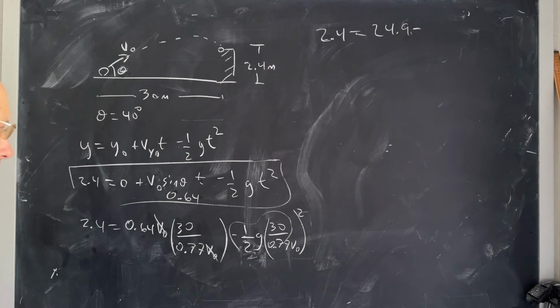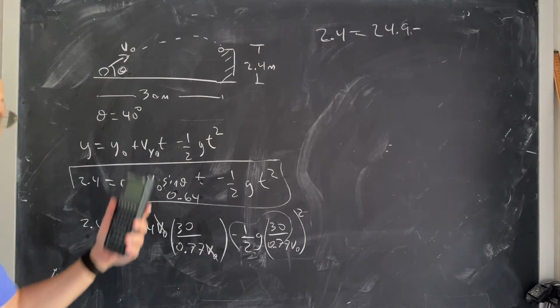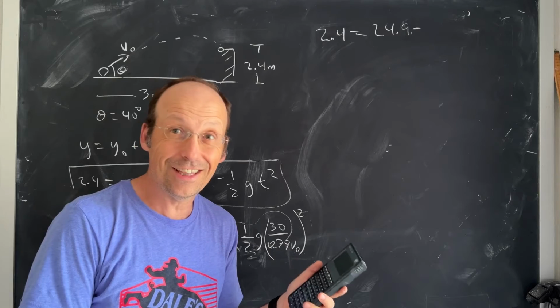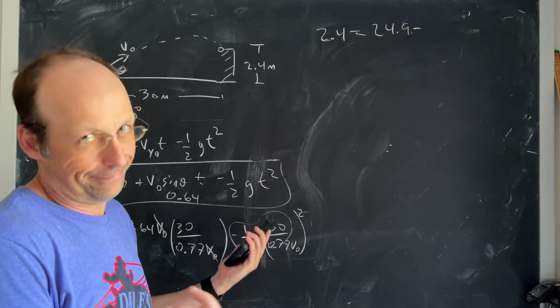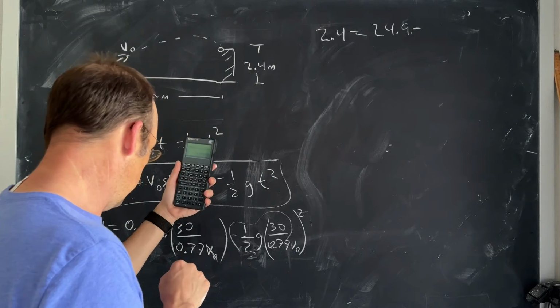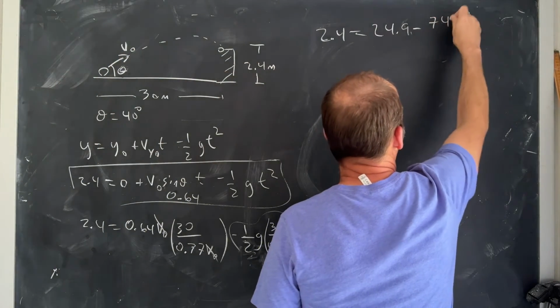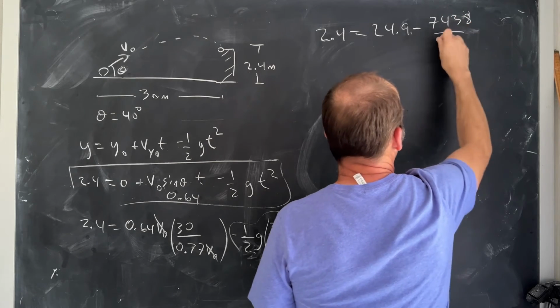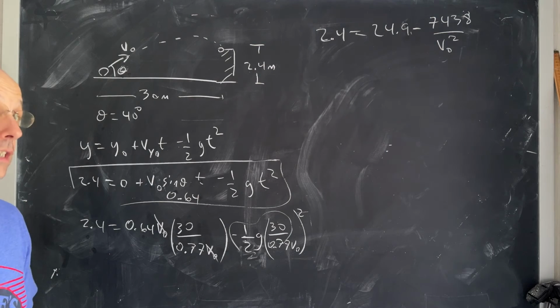And that gets, whoa, that's kind of a big number. That's fine. I'm just going to go with it. I could be wrong, but you'll never know. You know why? Because I just delete the video and start over. It's true. Okay, 7438 minus 7438 over v0 squared.